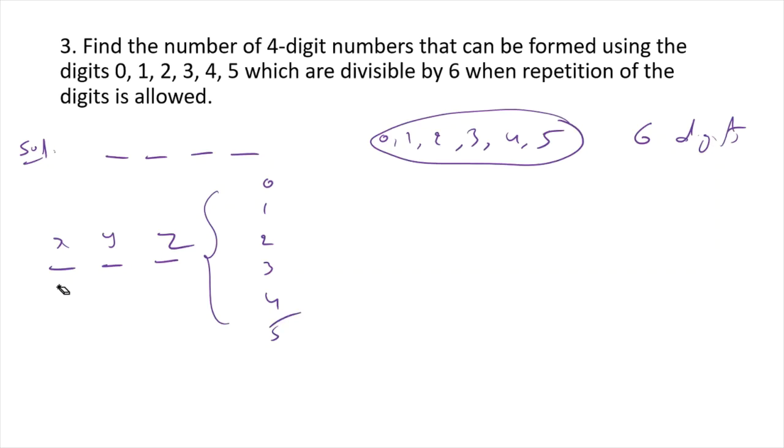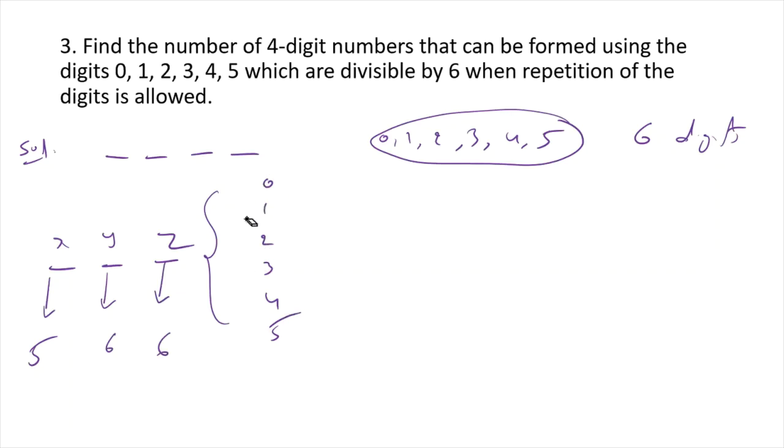So first let us see in how many ways I can fill the first 3 blanks. I can fill the first blank in only 5 ways because I cannot fill the first blank with 0. Now I can fill the second blank in 6 ways. I can fill the third blank in 6 ways. But I can fill the fourth blank in only one way. Why can I fill the fourth blank in only one way?